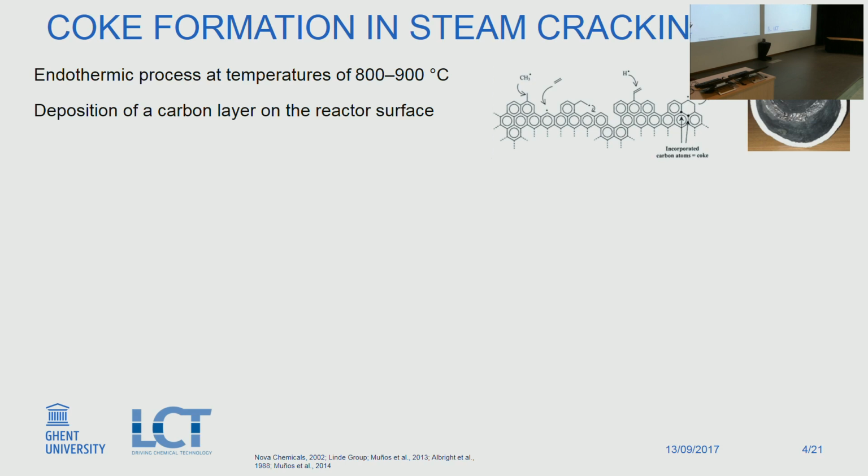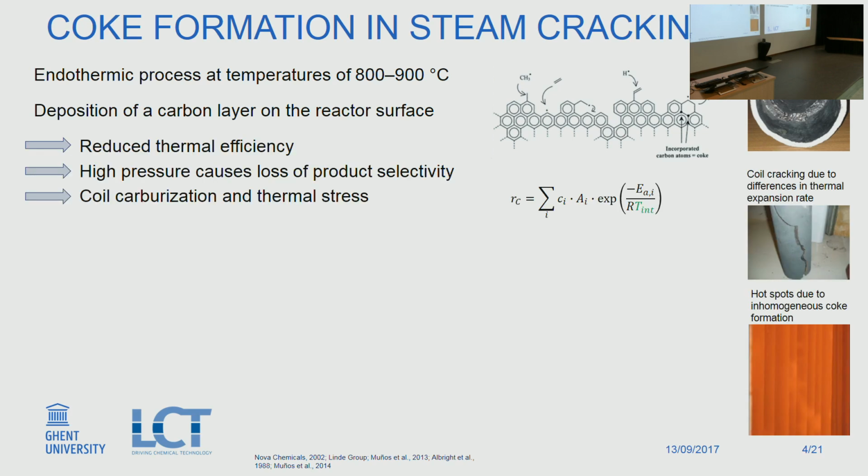And then this black deposit on the inside of the reactor, that's called coke. So it's nothing more than carbon, it's what's in your pencil that you use to draw. But what it does to the process is that it prevents heat transfer because it acts as an insulator. It also increases pressure drop because there's less area for the gas to flow through. That means that it will be faster, so there will be a higher pressure drop.